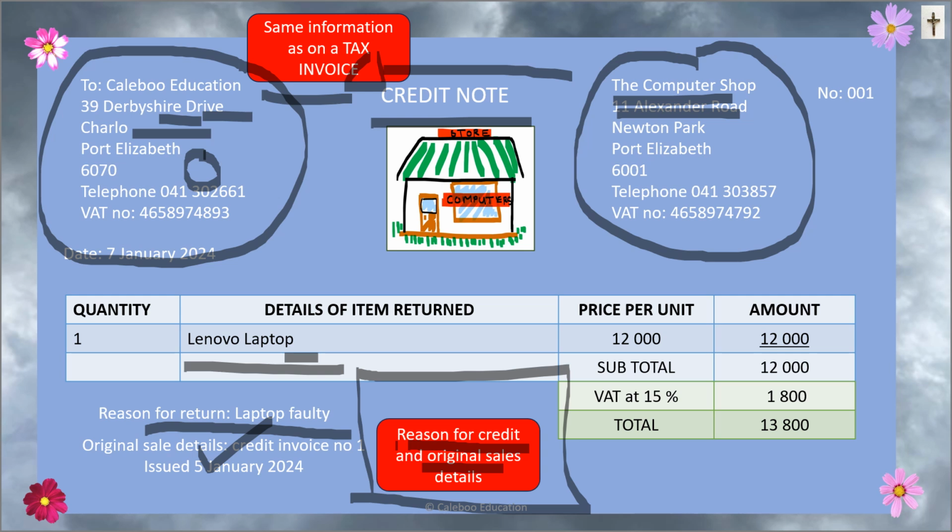In this case, we're in possession of the original credit note, and we're going to record the fact that, remember we're doing the books for Calibre Education, they returned a laptop to the computer shop and received a credit, so we actually owe them less. I will show you how to record that transaction quite soon.